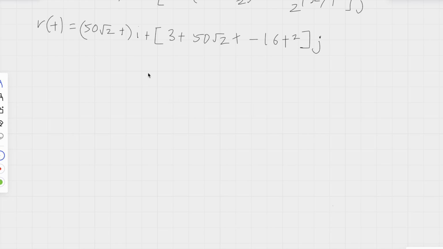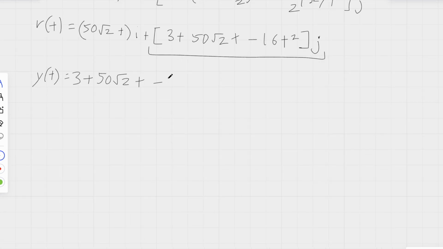To answer that, we have to work with the y component of the position function. So the y component position function, we can say that y of t is equal to 3 plus 50 root 2 t minus 16 t squared.